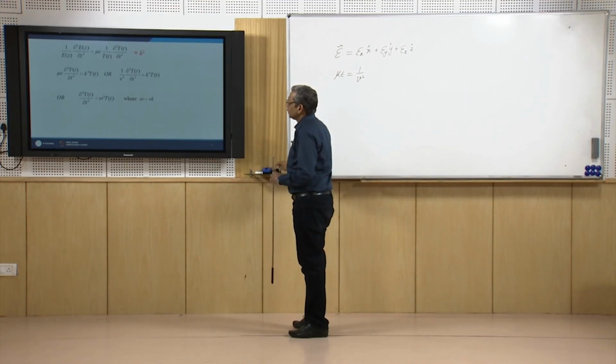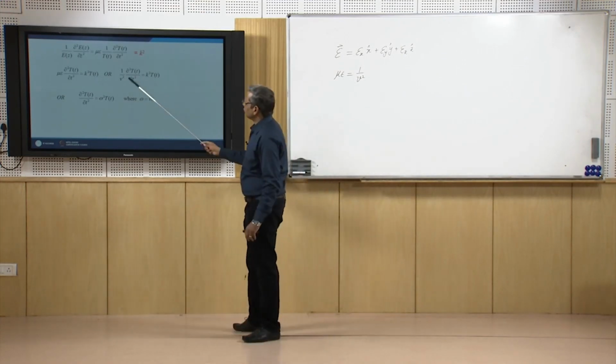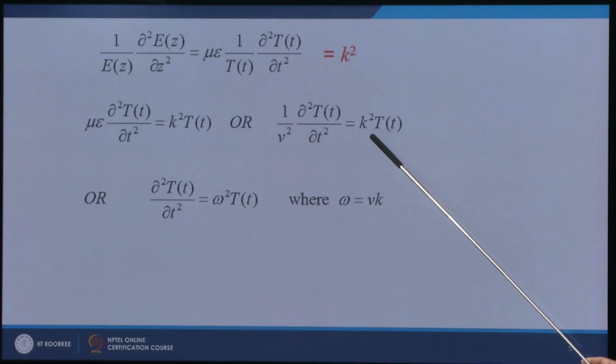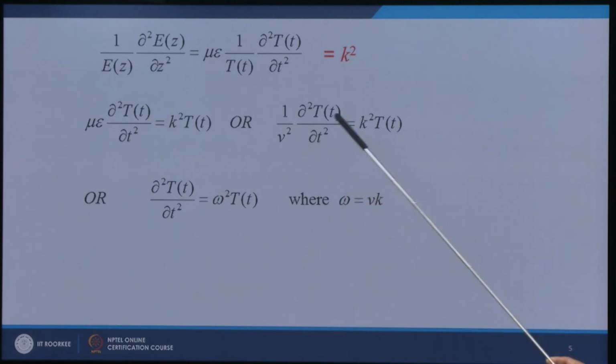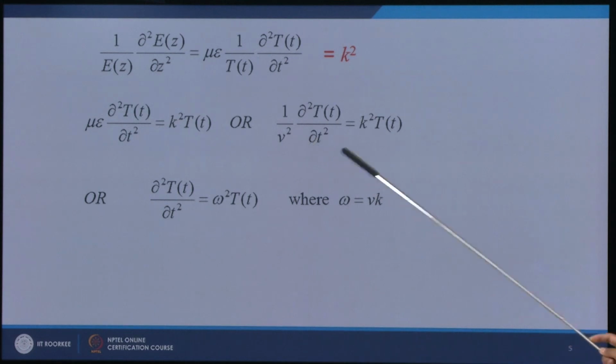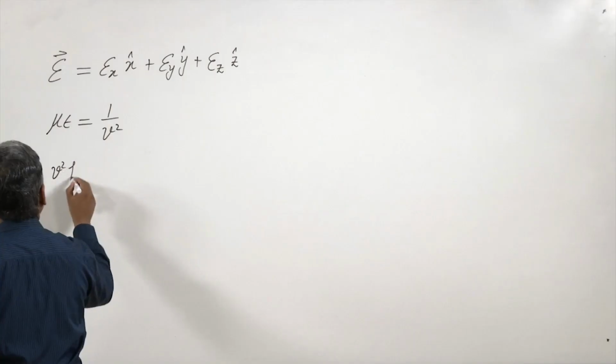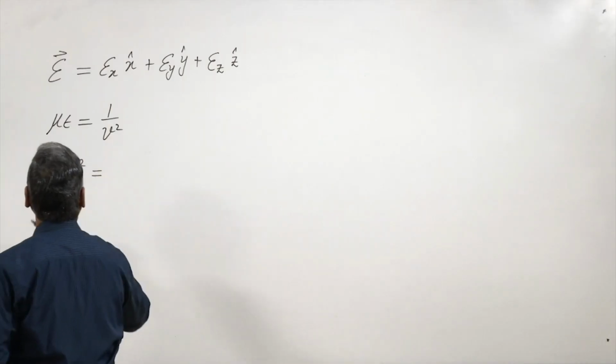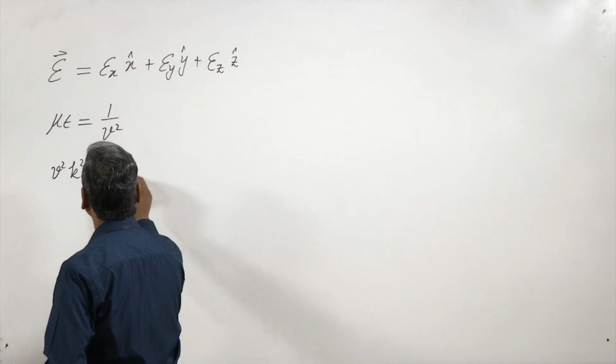Because I am taking the constant in the form of a square, so that I have a square everywhere. So, this will become this, and v square will come to this side. So, I now have v square k square, which I represent by another constant omega square.